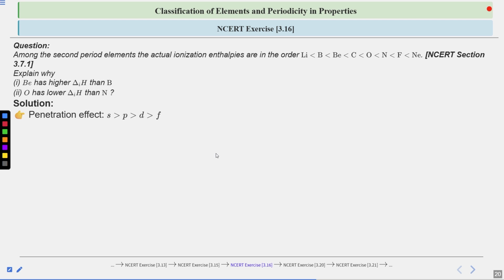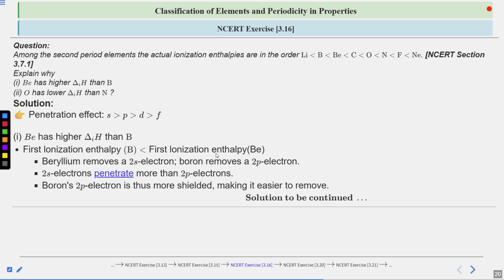Now coming on to the two elements whose configuration we have to consider. I guess this part is clear to you, right? About the exchange energy. So this is very, very important to consider. So the reason behind it is that beryllium removes a 2s electron, whereas boron removes a 2p electron.